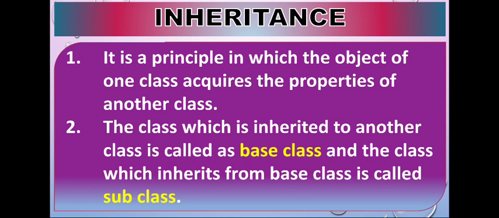It is a principle in which the object of one class acquires the properties of another class, and the class which is inherited by another class is called the base class, and the class which inherits from the base class is called the subclass. That means parents are the base class and child is the subclass.